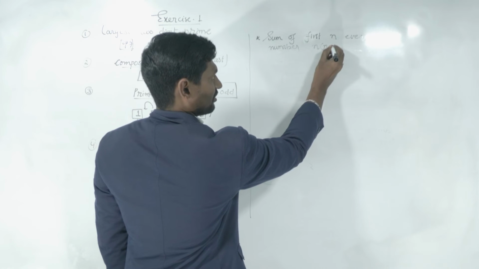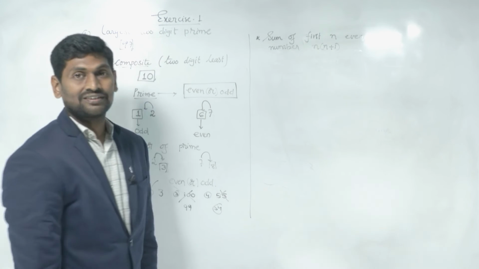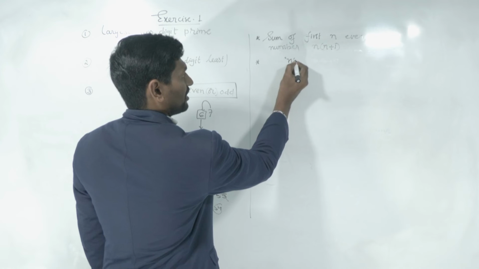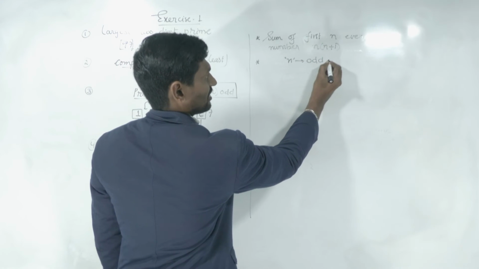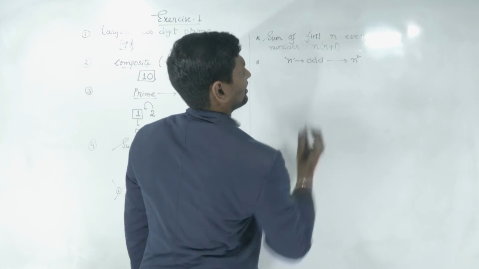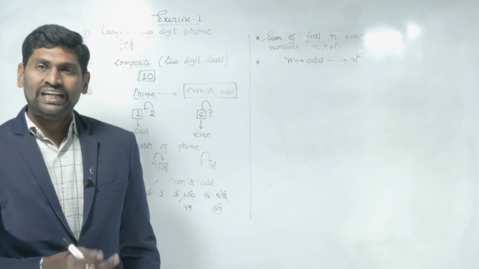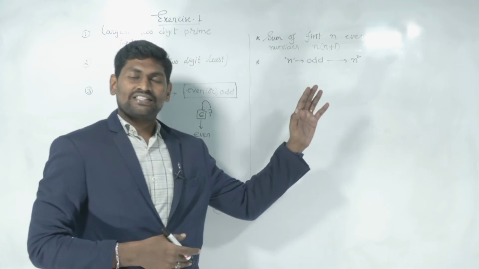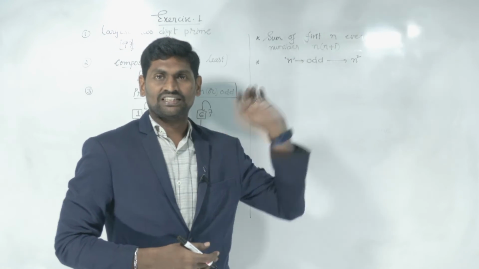Very good. Same way, sum of first n odd numbers is n square. Here n can be 10, 20, 40, whatever the number.